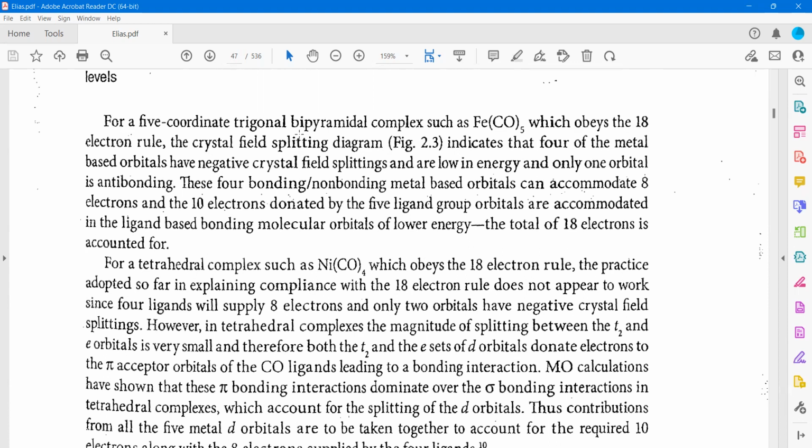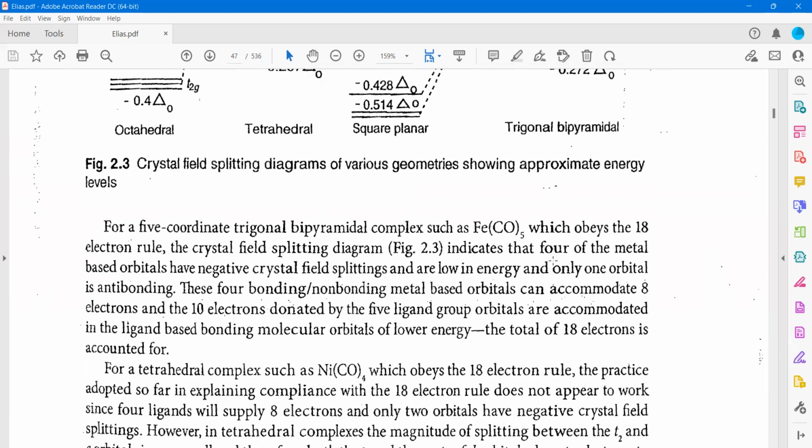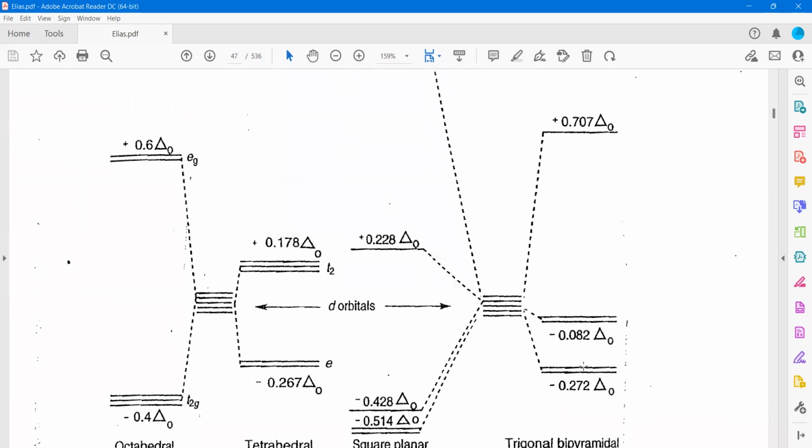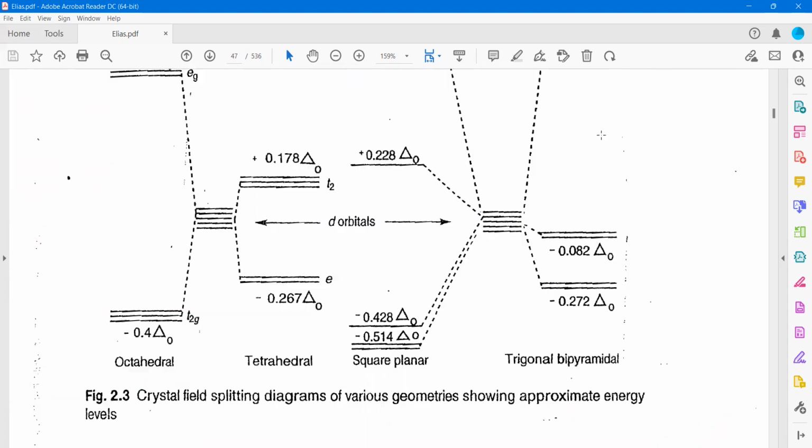For a 5-coordinate trigonal bipyramidal complex such as Fe(CO)5, which obeys the 18 electron rule, the crystal field splitting diagram, figure 2.3, indicates that 4 of the metal-based orbitals have negative crystal field splitting and are low in energy, and only one orbital is antibonding. You can see here 4 have negative crystal field splitting energy, and only one is antibonding.